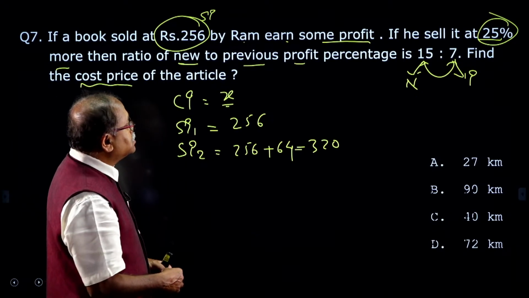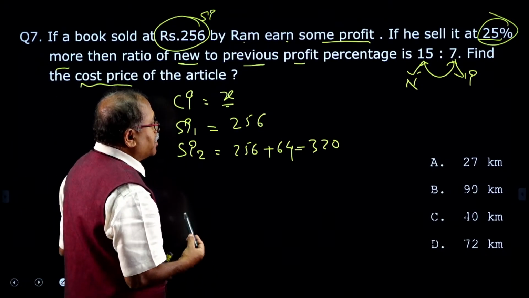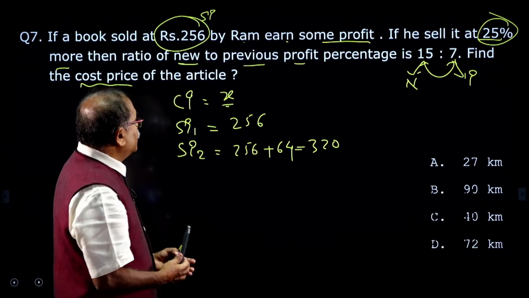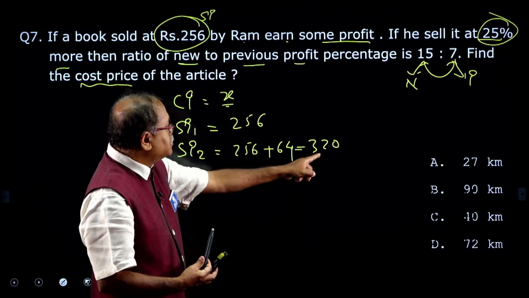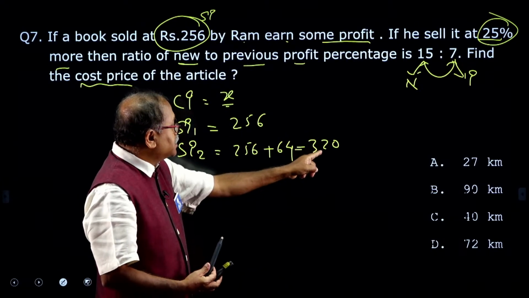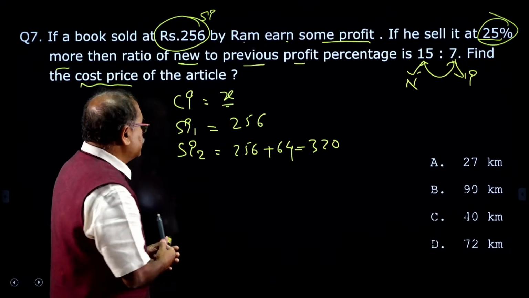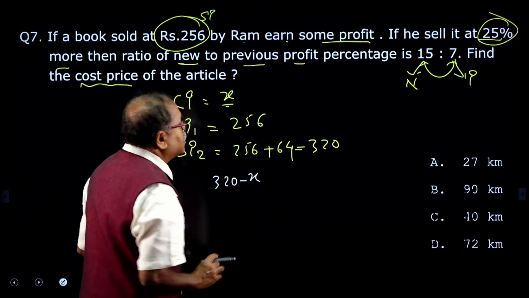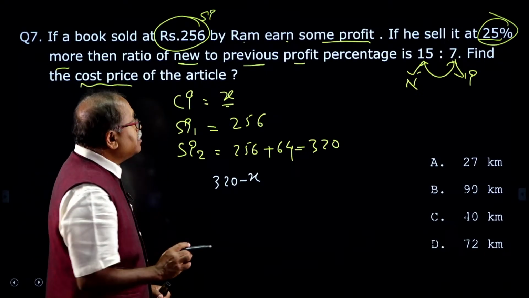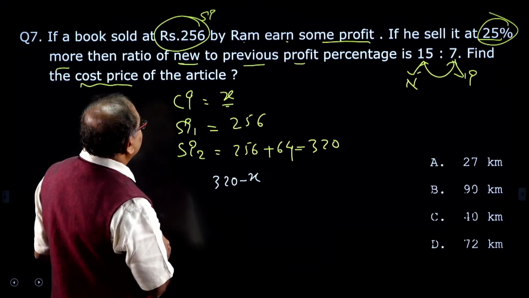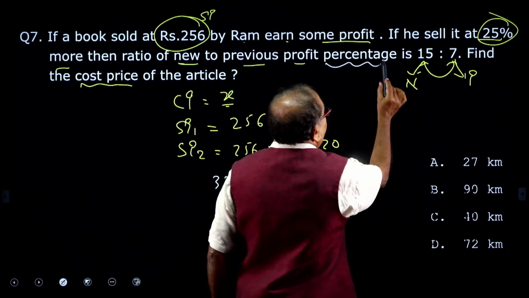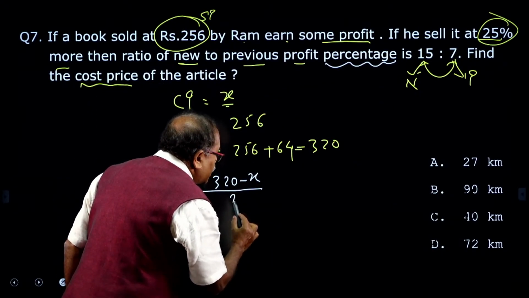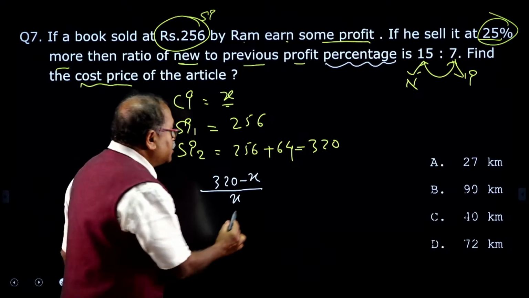Now, it says the profit part. So, what is the profit here? In the first case, in the second case, 320 minus X by, is it saying profit percentage? Yes, profit percentage. So, you need to find out the profit percentage, that is by X cost price and into 100.